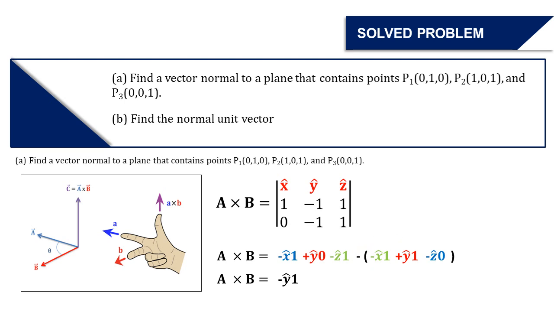Sa z naman, we have negative or minus z hat 1 dahil ito ay 0. So, yan na yung ating cross product, which is the vector normal to the plane that contains the points 1, 2, and 3 in this problem. So, yan na yung ating vector. Okay.